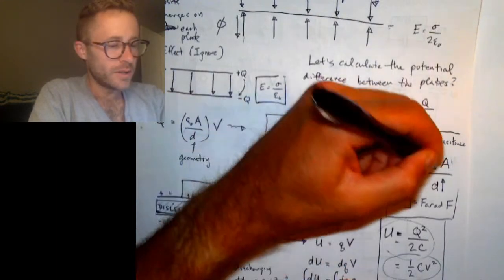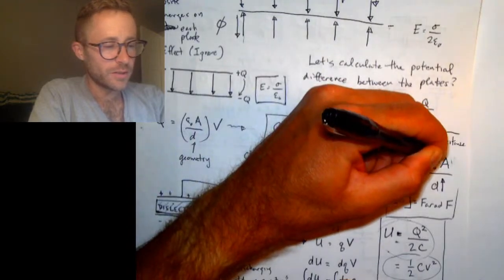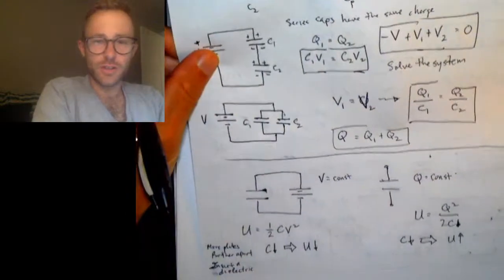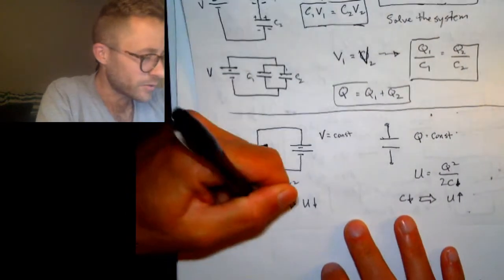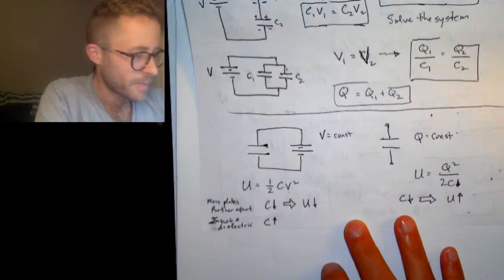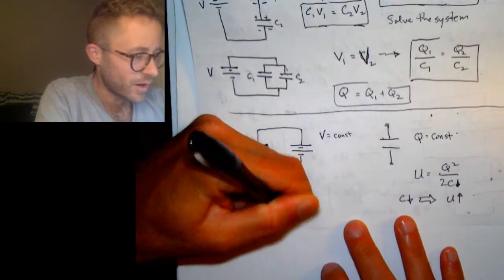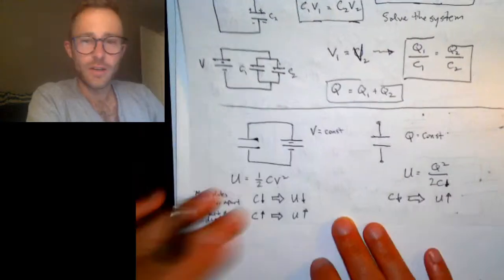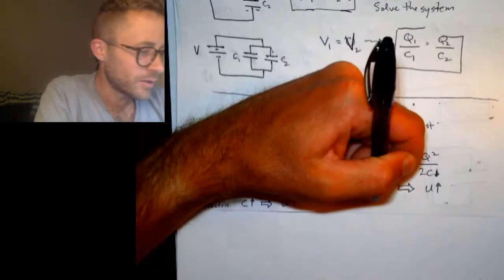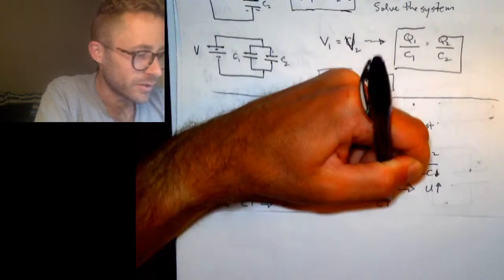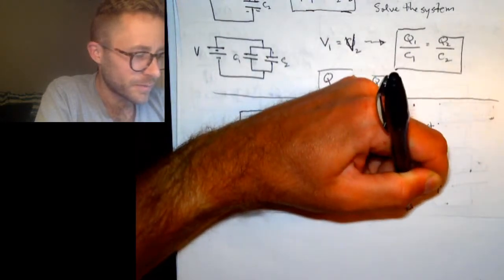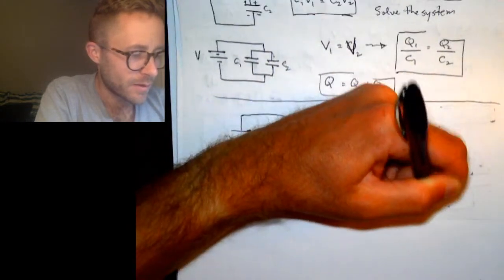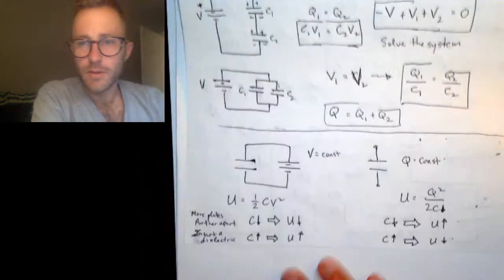So if we increase the permittivity, we increase the capacitance. So if we insert a dielectric, the capacitance goes up, which has just the opposite effect. So that makes the energy go up in this case, and it makes the energy go down in this case.